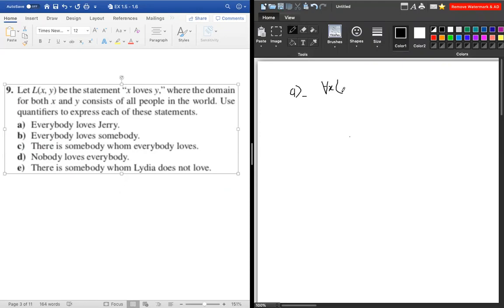For all X, we use the function L, L(X, Jerry), X loves Y, but Y we know is Jerry, so we use Jerry.